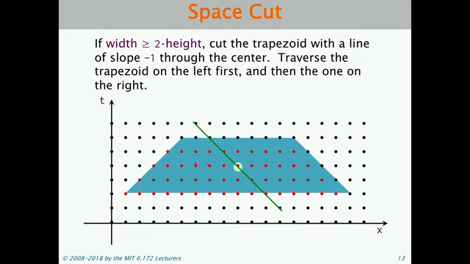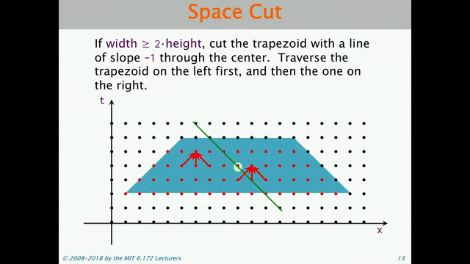For the left trapezoid, every point we want to compute, we already have all of its dependencies, assuming that we get all of the values of the base points. But for the right-hand side, some of the values depend on values in the left trapezoid. So we can't execute the right trapezoid until we're done with the left trapezoid. And this is the reason why I cut this trapezoid with a slope of -1 instead of using a vertical cut. Because if I did a vertical cut, then inside both of the trapezoids, I would have points that depend on the other trapezoid.